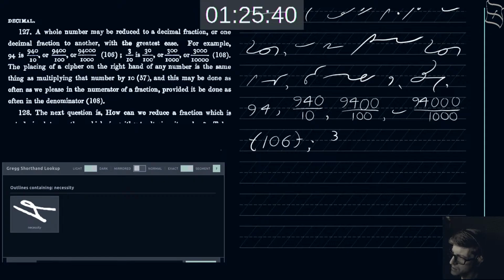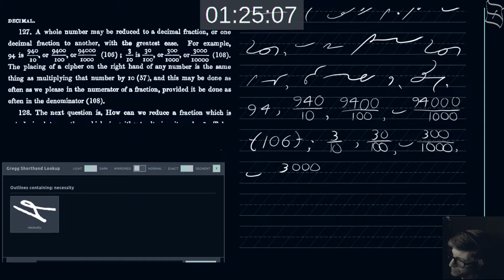Three-tenths is 30 over 100, or 300 over 1,000, or 3,000 over 10,000. And that was according to Article 108.